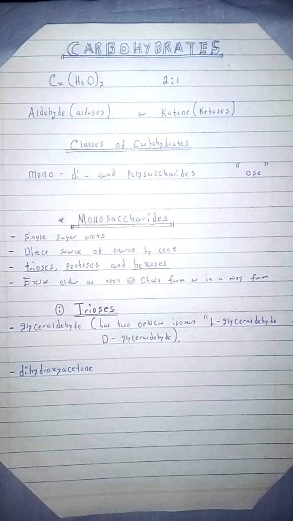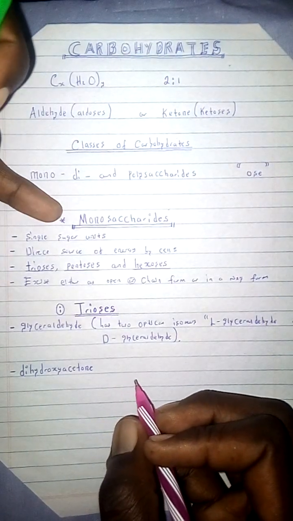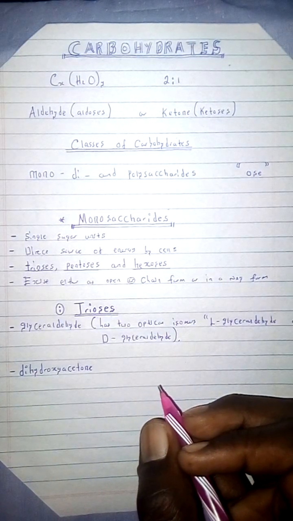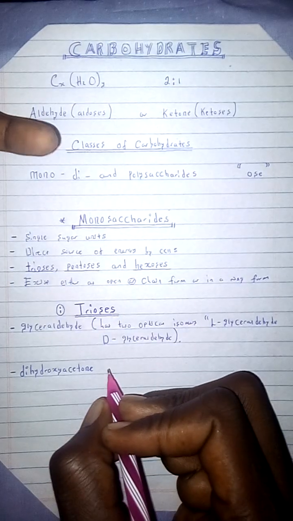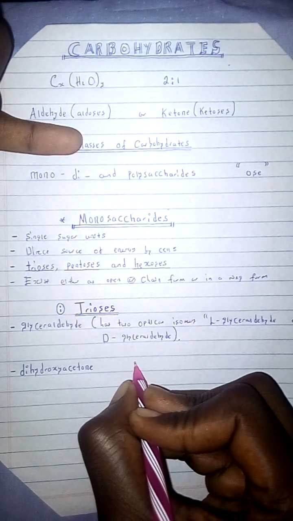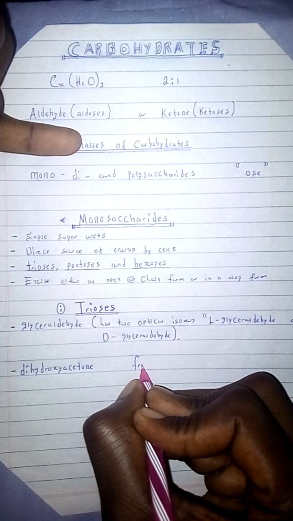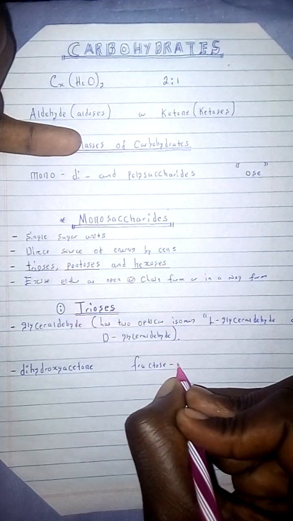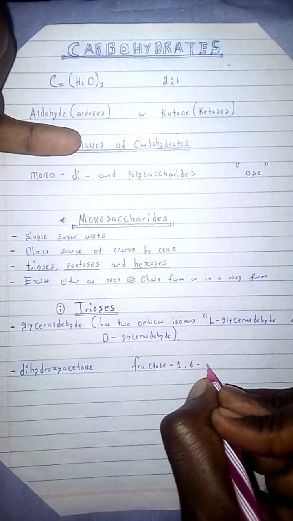The idea is that in cellular respiration, there is a process called glycolysis, right? In this process, there is this fructose 1,6 diphosphate.